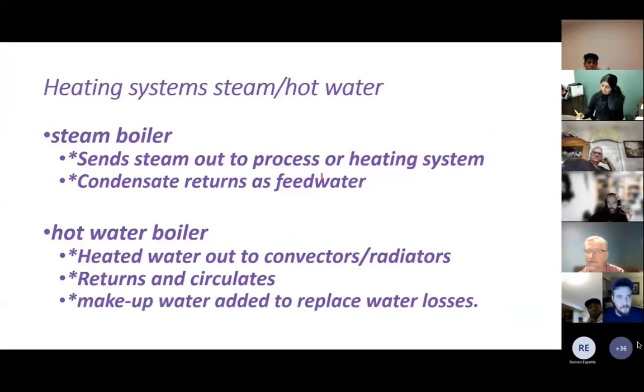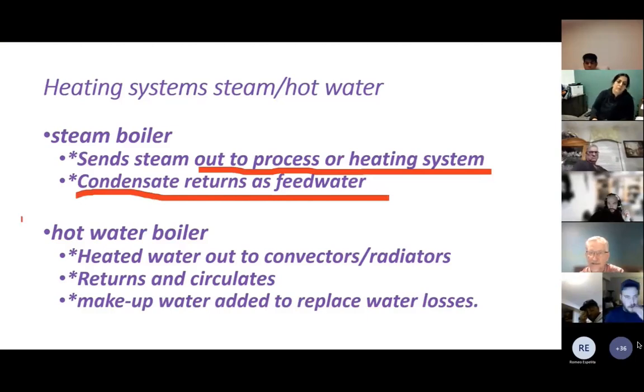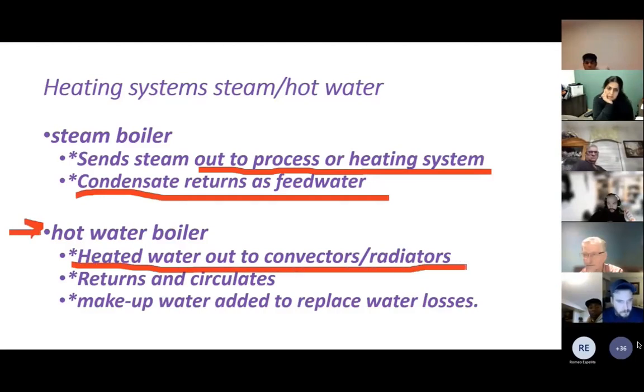So to recap, a steam boiler sends out steam to process our heating system. It's condensed and returns as the feed water. In a hot water boiler system, we send the heated water out to the system, and most of it, 99%, should return and recirculate around and around in the system.